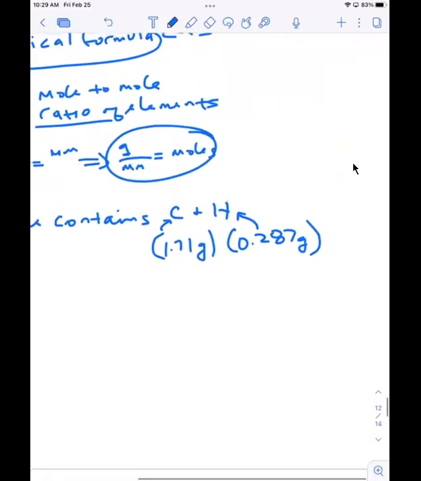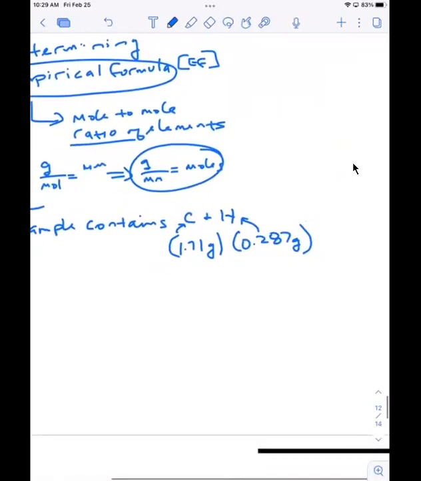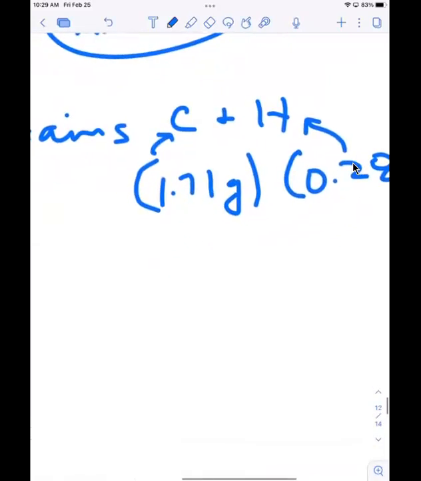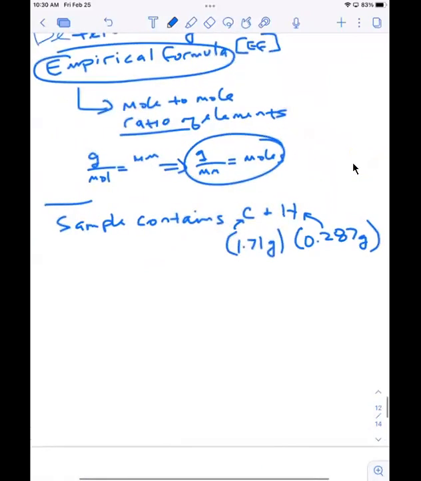Wait, is that 1.71 or 9? 7. Gotcha. All right. So those are the masses of my elements.